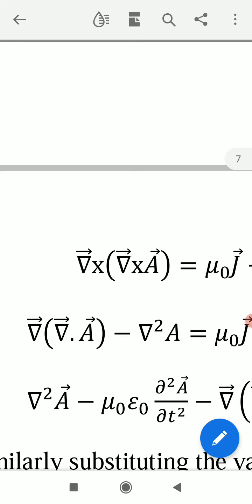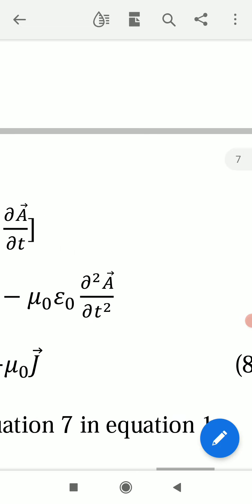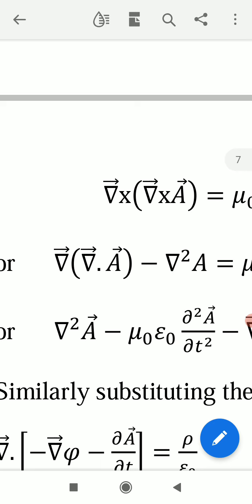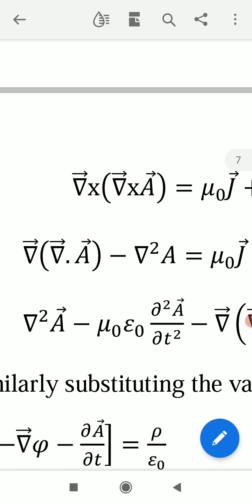Now del cross del cross A can be written as del of del dot A minus del square A. Here we use the relation A cross B cross C, that is A vector cross B vector cross C vector.